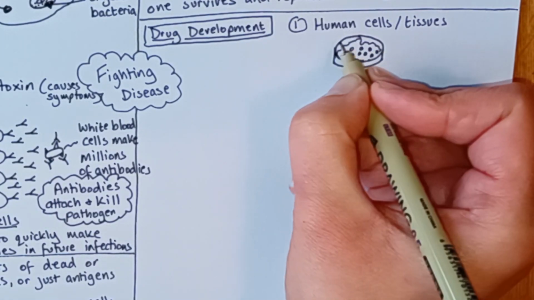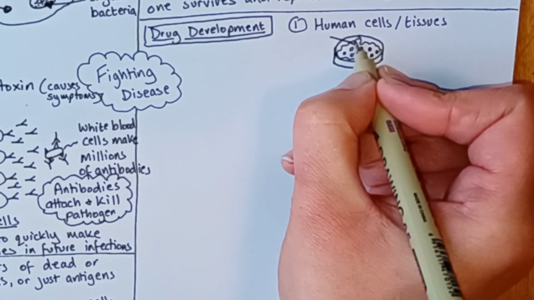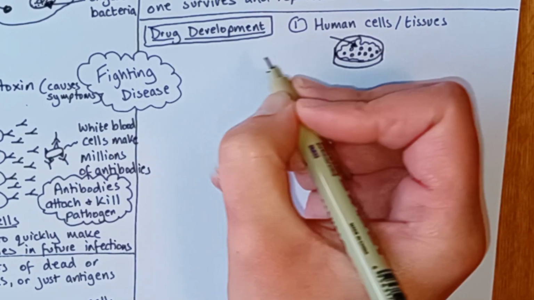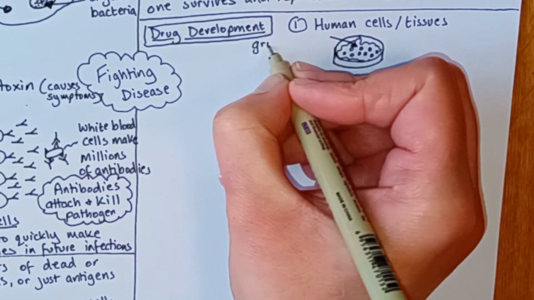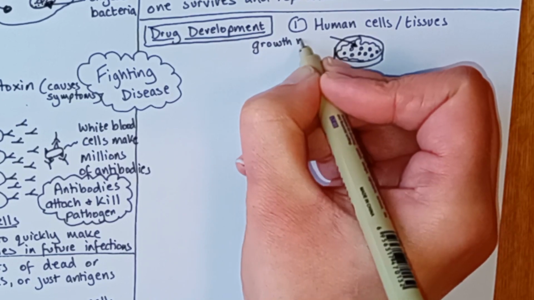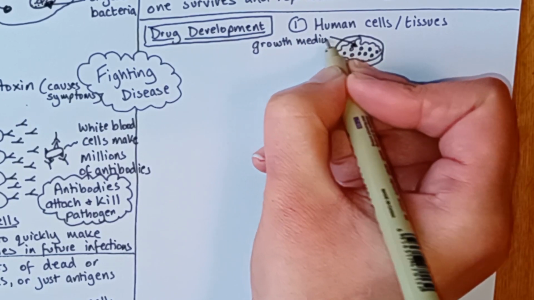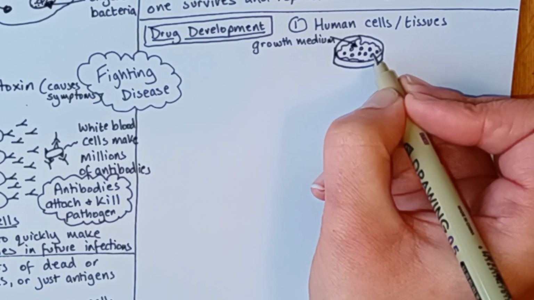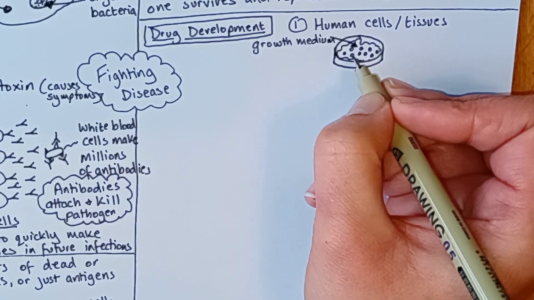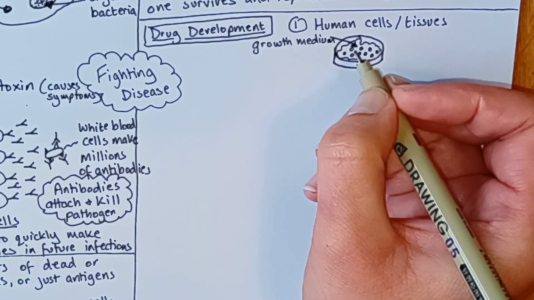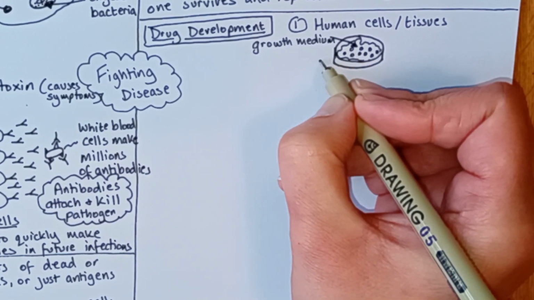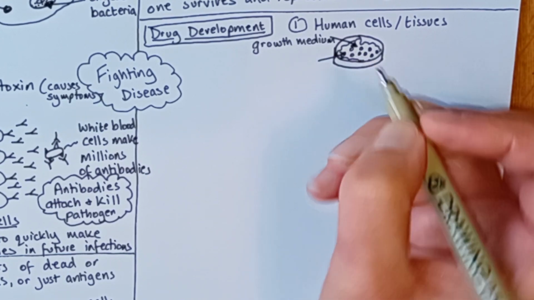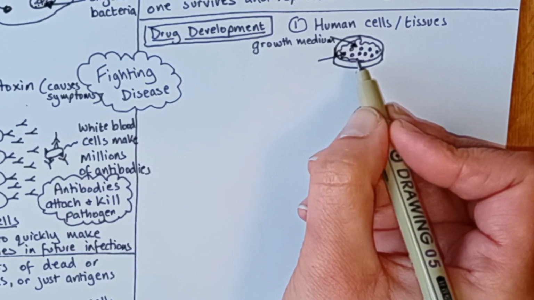So to grow human cells in a jar is quite tricky, actually. So you need growth medium to keep it alive. So that's just a liquid full of glucose. You also need to make sure there's plenty of oxygen around and buffers so it doesn't get too acidic. And the cells themselves, here's a weird one, are often cancer cells because you need them to keep growing.